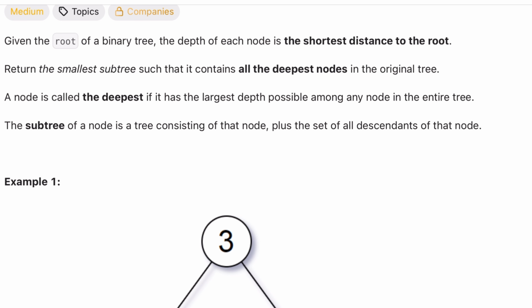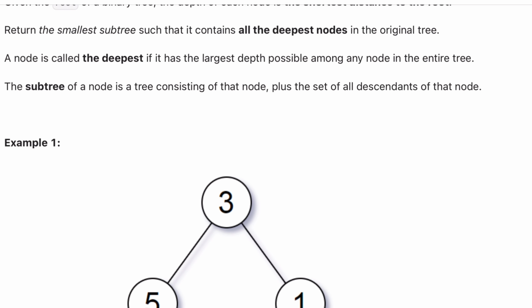So very first, the question is saying that we are given the root of a binary tree. The depth of each node is the shortest distance to the root. So we have to return the smallest subtree that contains all the deepest nodes in the original tree, right? A node is called the deepest if it has the largest depth possible among any node in the entire tree.